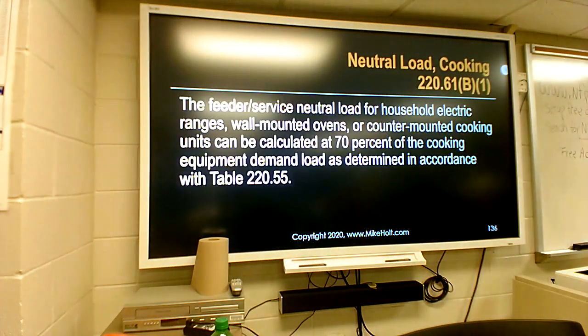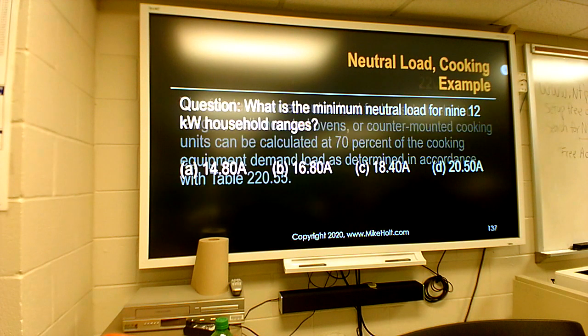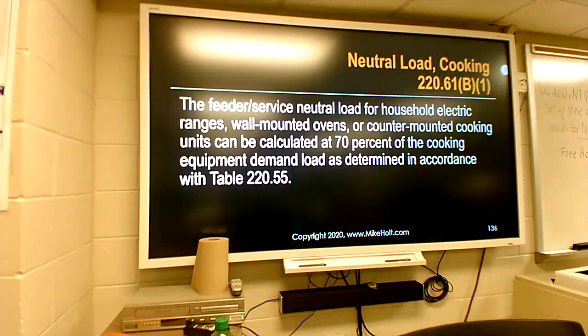Permitted reductions. Your feeder and service neutral load for household electric ranges, wall-mounted ovens, or counter-mounted cooking units can be calculated at 70% of the cooking equipment demand load as determined in Table 220.55. Turn to it, if you will.